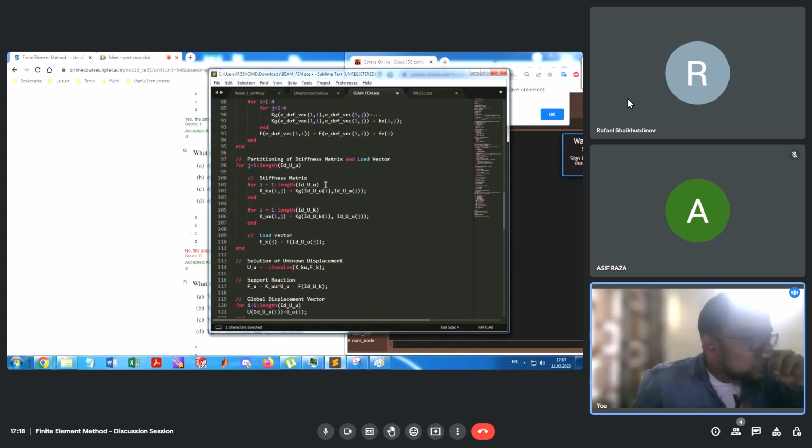So kku is I comma j kg of IDUUI and IDUUJ. So this thing like line number 101 to 103. This will give me a row of elements.